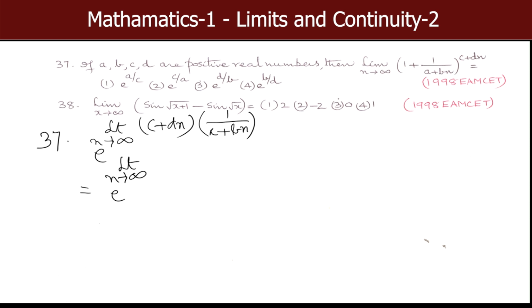Well, divide each of the terms in the numerator c plus dn and denominator a plus bn by n. So, this will be c by n plus d over a by n plus b. This is the exponent. Well, you know, c by n tends to 0 and a by n tends to 0. Therefore, the limit is d by b. So, this is e to the power of d by b. That is option 3, an EAPCET question of 1998. Next, 38.